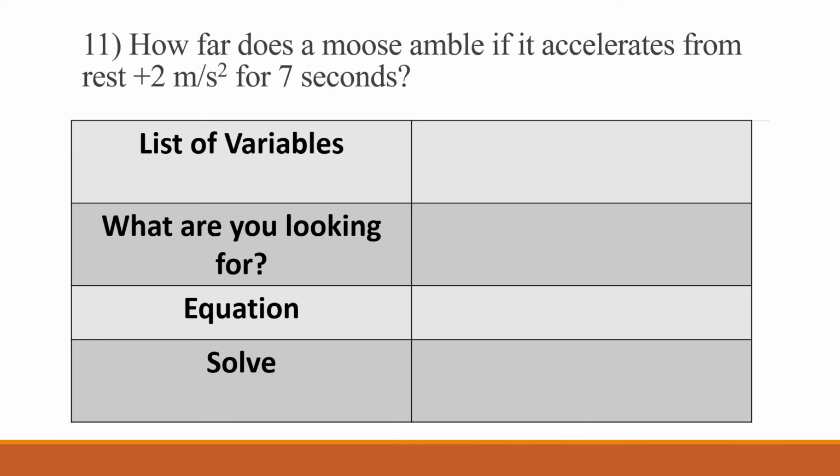How far? That's a distance. Oh, we're back to distance. Okay, let's see. Is this going to be the one we don't like? Does a moose amble if it accelerates from rest? Whenever I see the m/s squared, and I know I have an acceleration, I know it's the more complicated equations. Every time I see m/s squared, I know it's either going to be v equals at or d equals 1/2 at squared.